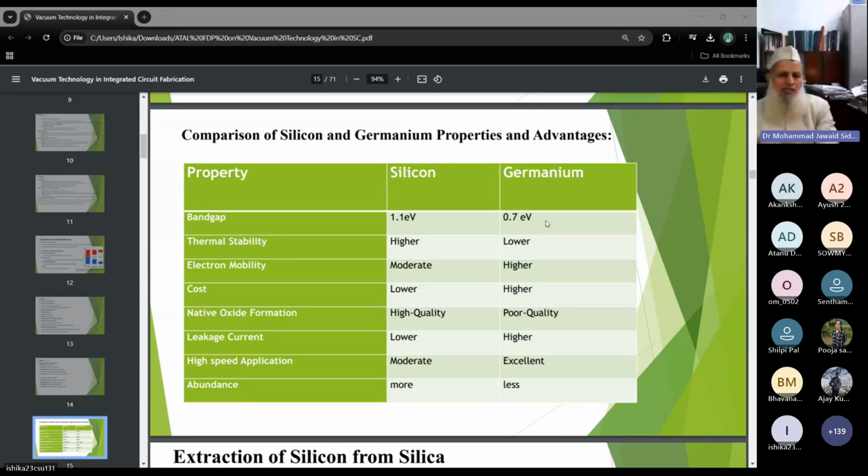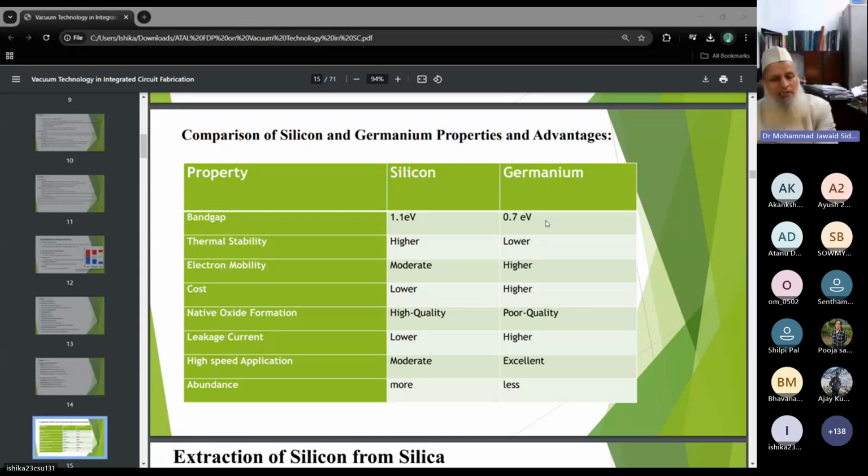Silicon has a band gap of 1.1 electron volt, so high voltage can be applied to silicon devices, but we cannot apply high voltage to germanium devices. Thermal stability is higher in silicon and lower in germanium.